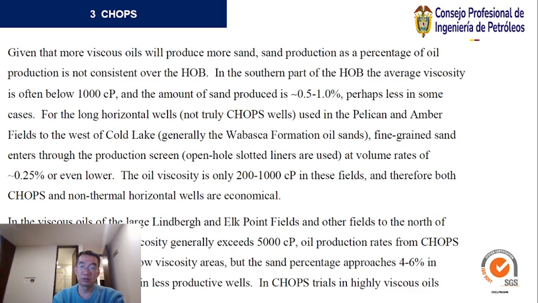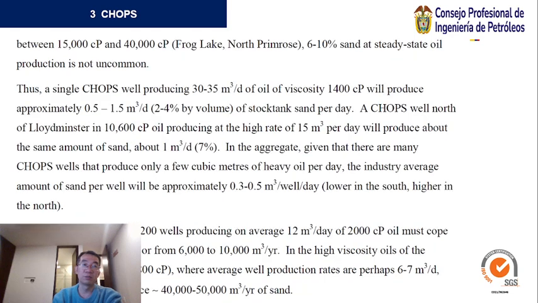In CHOPS trials in highly viscous oils between 15,000 cp and 40,000 cp, 6 to 10% sand.